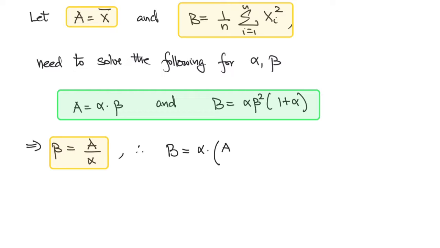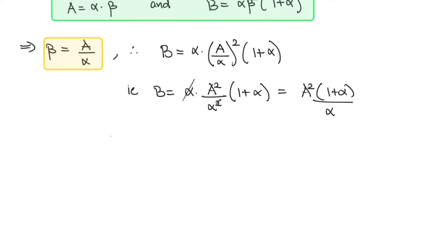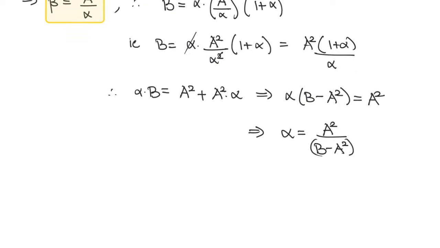Notice that we will get beta equals a divided by alpha, and now we can plug this into the second equation and follow through the calculations to arrive at the value of alpha, which will be equal to a squared divided by b minus a squared.